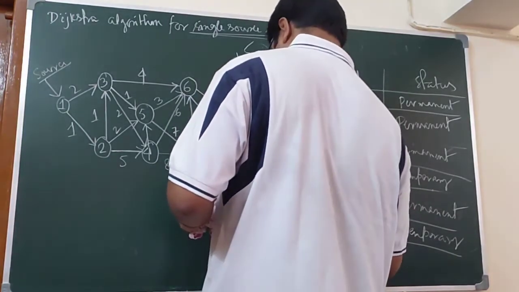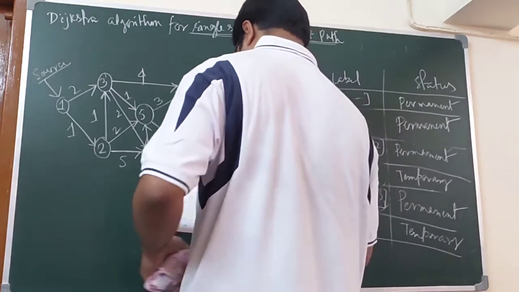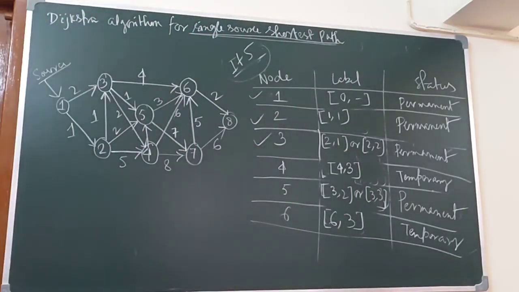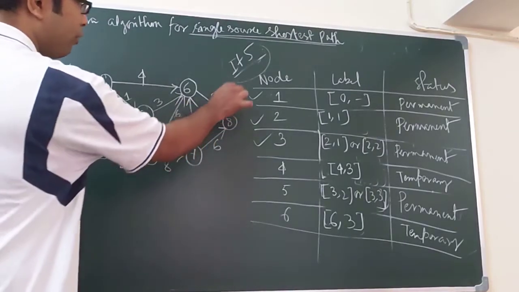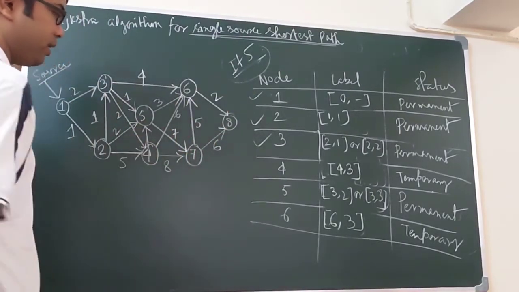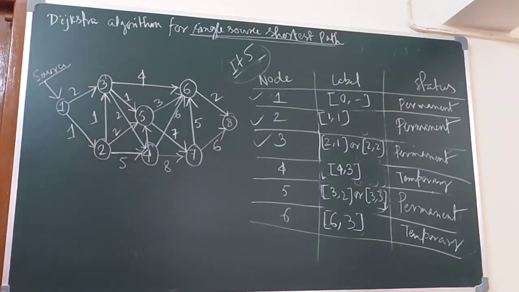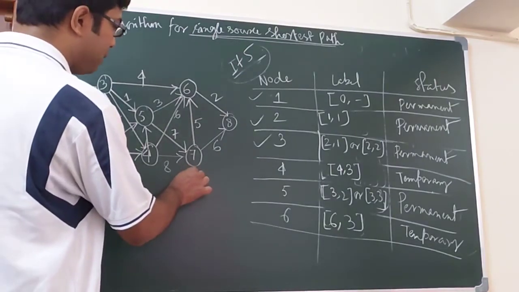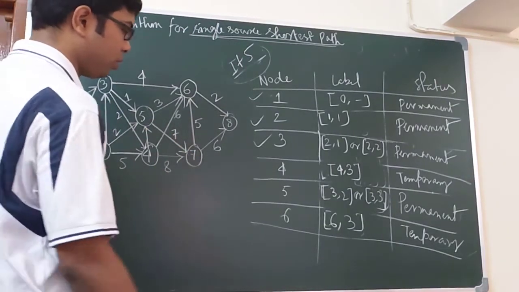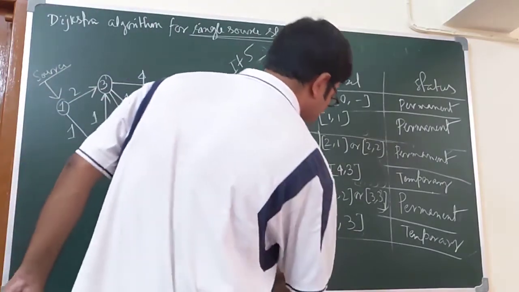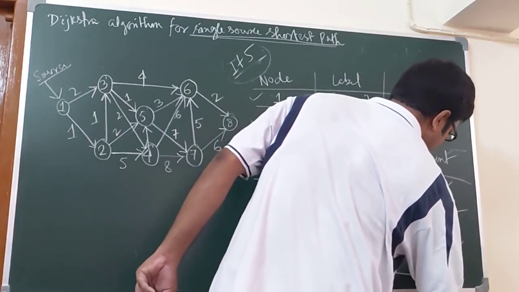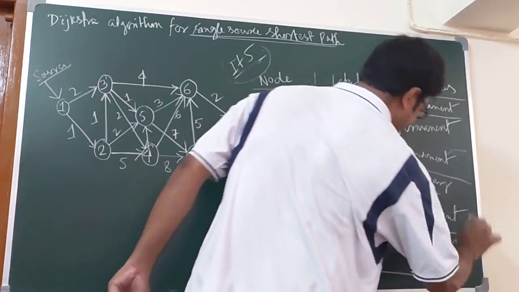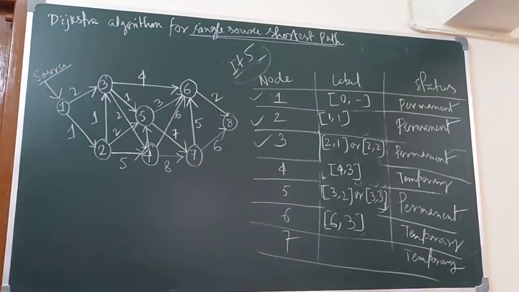6, 3. So in the 5th iteration, as the 5th node is made permanent at the beginning of 5th iteration, 7th node can be accessed via 5th node. So we have to introduce 7th node, and make it temporary. Okay.